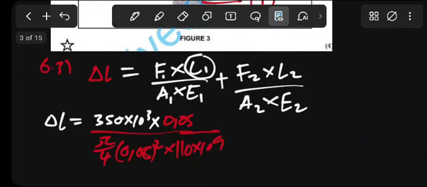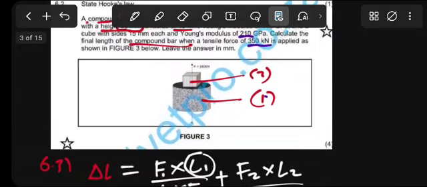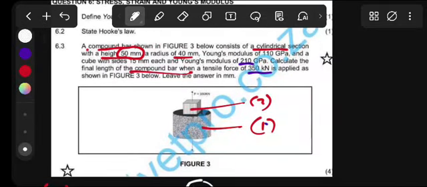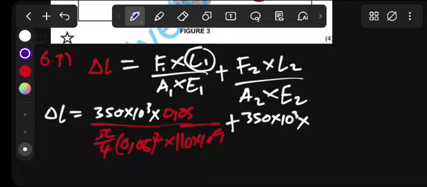So let us check the second portion now. The force is still the same, 350 times 10 to the power of 3. The length of object 2, the cube. We've been given that the sides are 15 millimeters throughout. That is the same as 0.015, divided by the area.